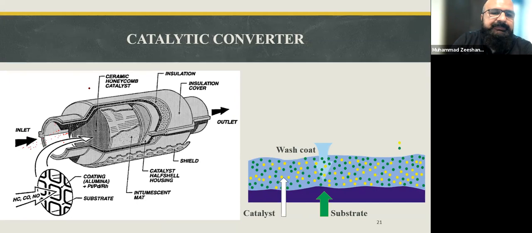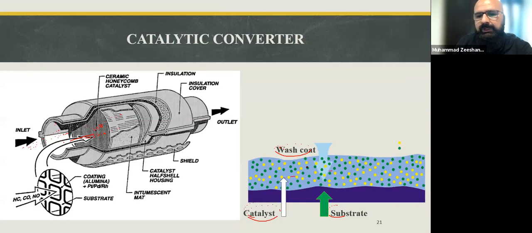Over here you see a honeycomb structure, and that has got a lot of pores. So the gases pass through these pores, and this honeycomb structure is basically made of ceramic, which we call the substrate. On that ceramic we have a coating of wash coat, and in that wash coat we have the active catalyst suspended.